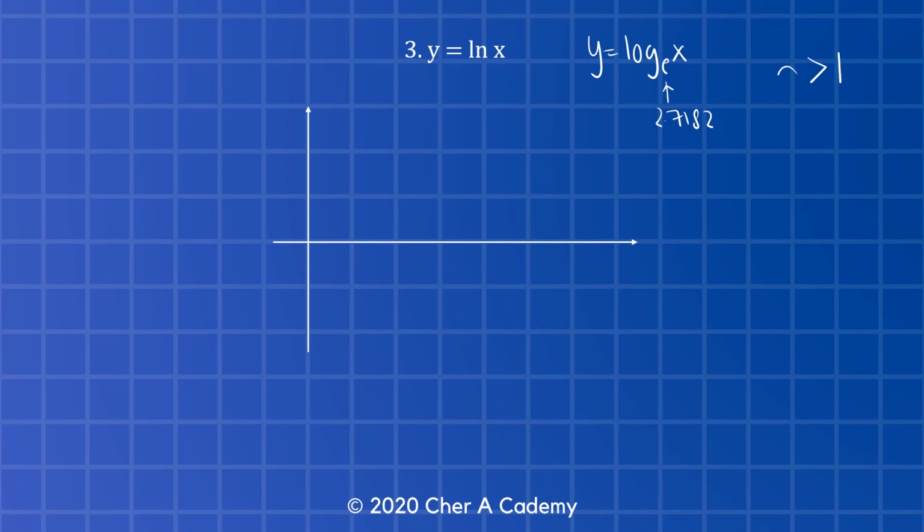So for base a more than 1, my graph will be going upwards again. It cuts the x-axis at 1.